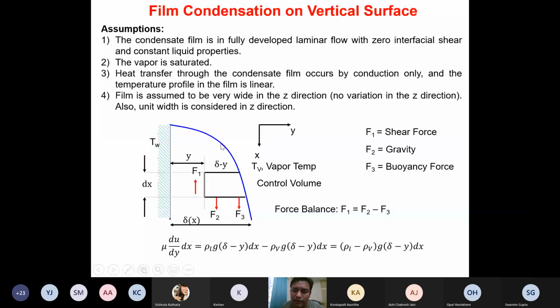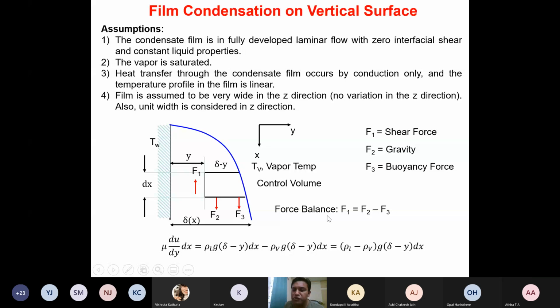And since this element is moving in a downward direction, the vapor will oppose its movement, so in an upward direction there is a buoyancy force. So we can make a force balance, which in this case is going to be F1, the shear force, is given as F2 minus F3.